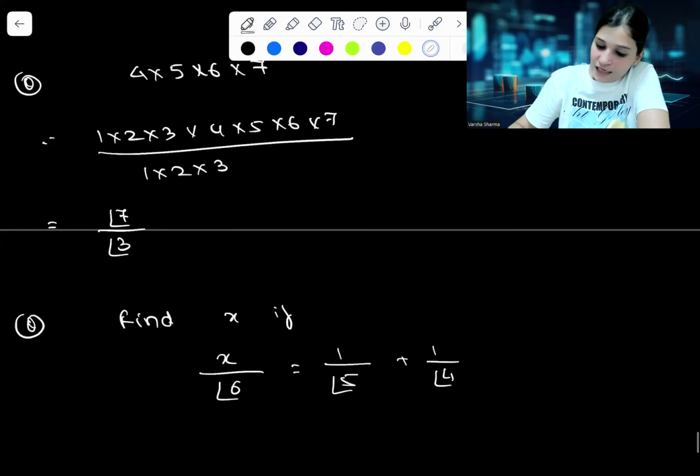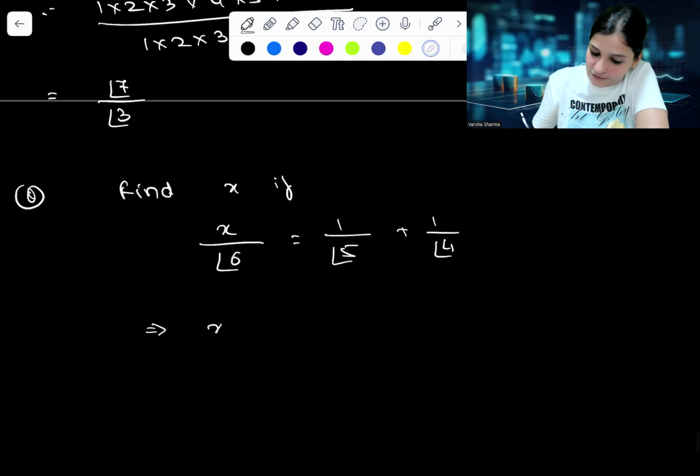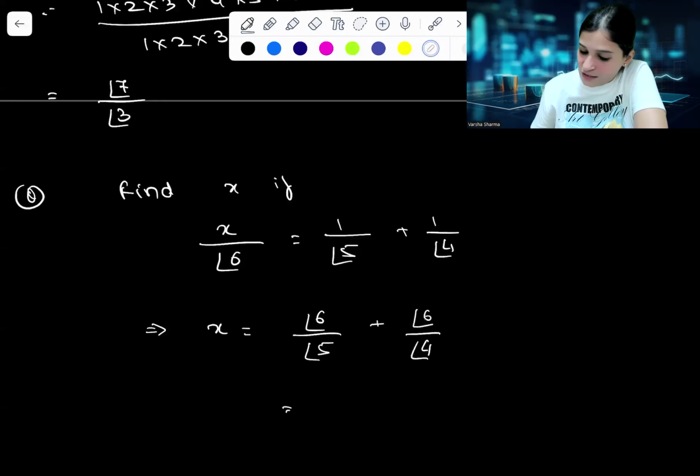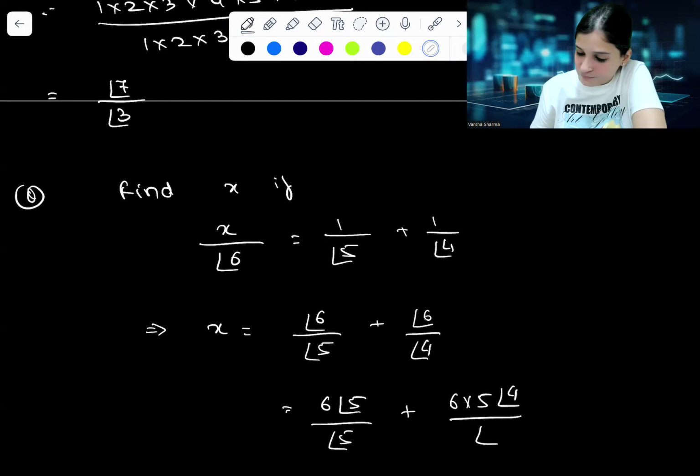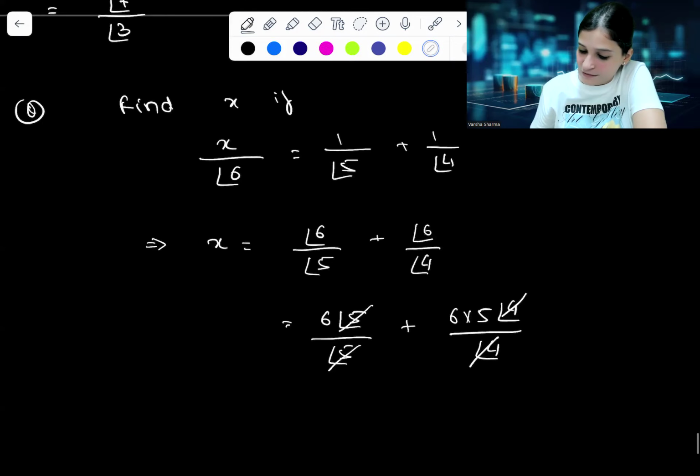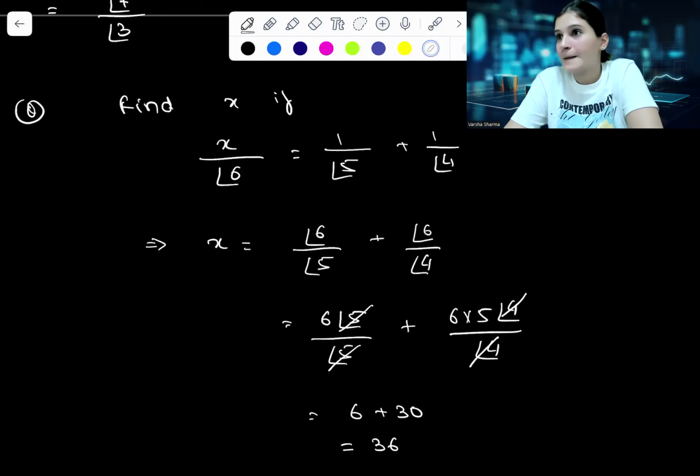So what can be done? I'll take 6 factorial on the other end: 6 factorial by 5 factorial plus 6 factorial by 4 factorial. Here I'll open 6 factorial till I get 5 factorial. It gets cancelled. This gets cancelled. So this is 6 plus 30. That is 36. Yes, ma'am.